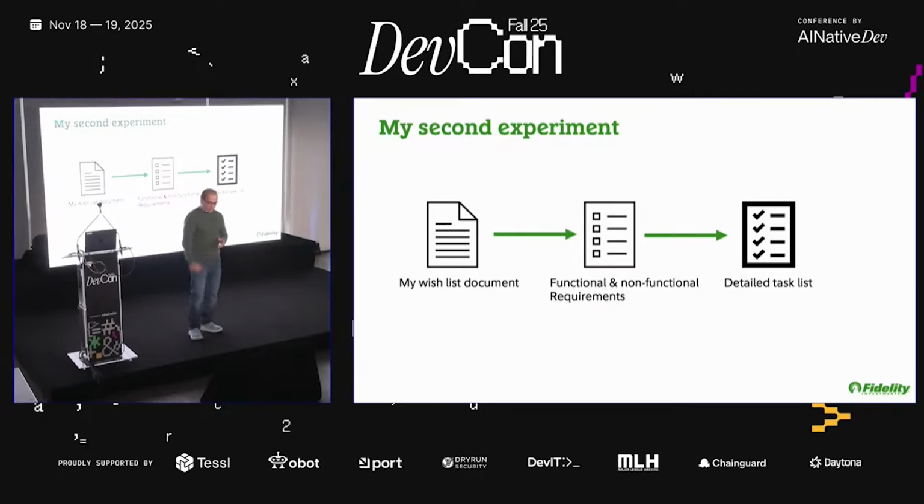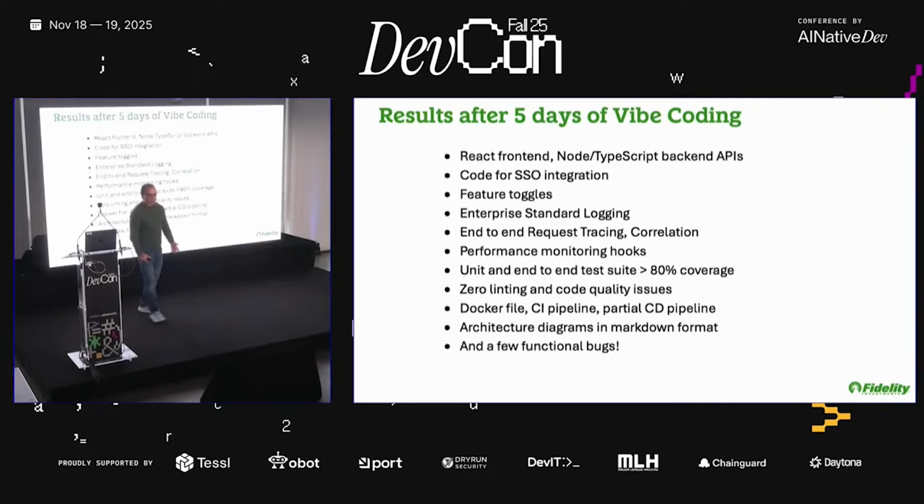So at the end of the 5 days, I had this: a React front-end, Node TypeScript backend APIs, code for SSO integration, as I talked about, enterprise form. SSO is by default, needs to be on.